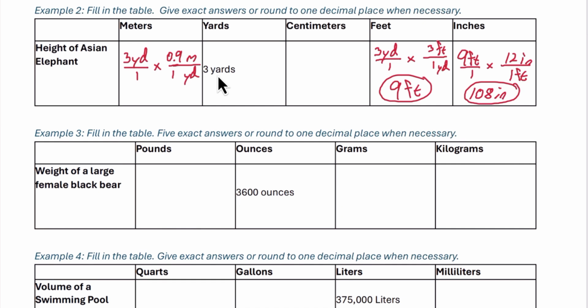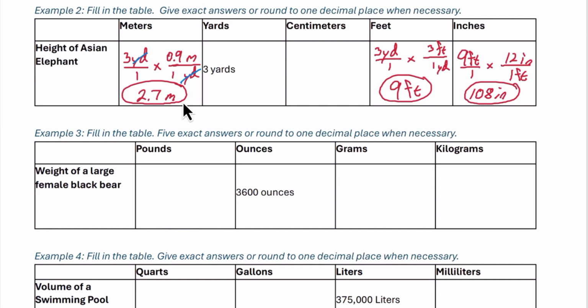Yards will go away. 3 times 0.9 is 2.7. So we get 2.7 meters. And again, that is an approximation because this ratio is an approximation.